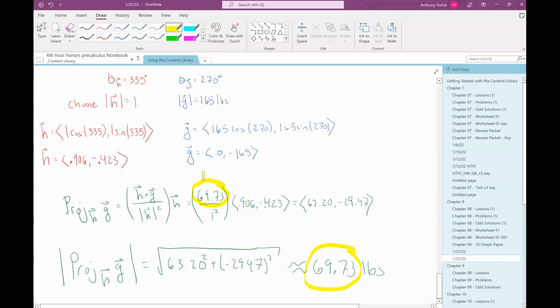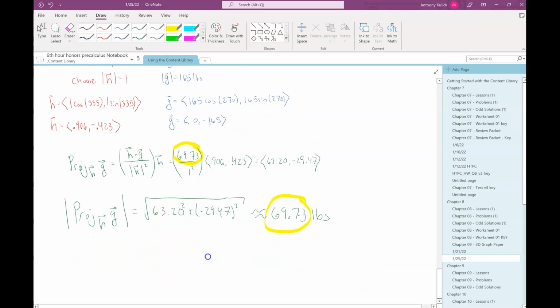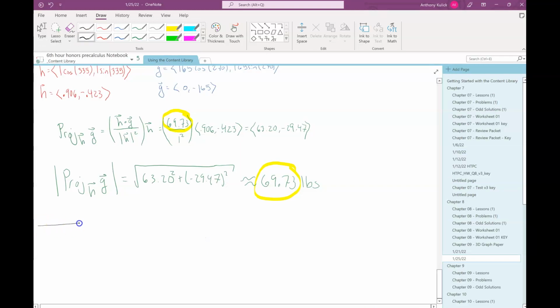The dot product of H and V was also the magnitude of the projection of G onto H. Well, what was special about this problem? Yeah, we had a unit vector.